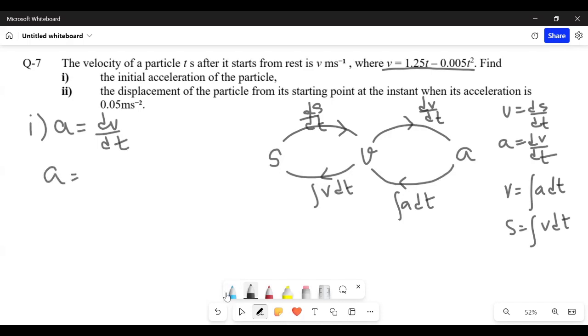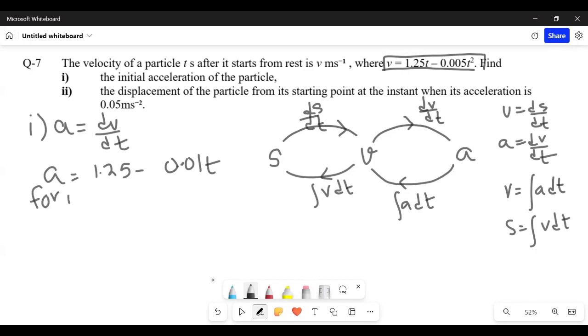So a equals 1.25 minus 0.001 t. डेरिवेट कर लिया इस इक्वेशन को. अच्छा, ये गलत किया है. When you multiply you get 0.01 t. ओके. अब इनिशियल एक्सेलरेशन फाइंड करनी है. इनिशियल एक्सेलरेशन का मतलब है एट द स्टार्ट, और तब t 0 होता है.